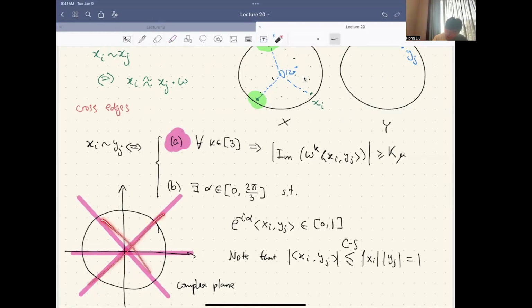Forget about these two strips for now. Just think of this power being 0. This is a complex number in the complex plane. Its imaginary part cannot be too small, so you cannot be too close to the x-axis. And multiplying by a power just means rotation, so you exclude all those strips as well. The second thing is saying, if you look at their inner product up to a rotation, it lies on the first part. It lies here.